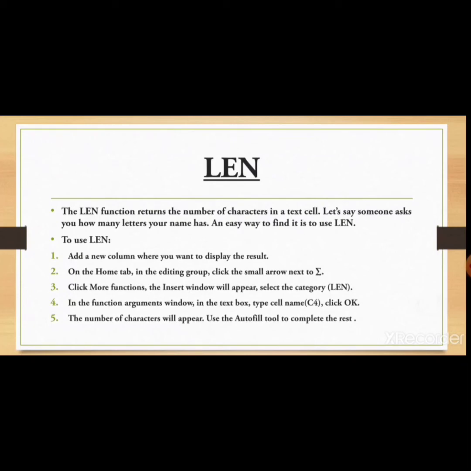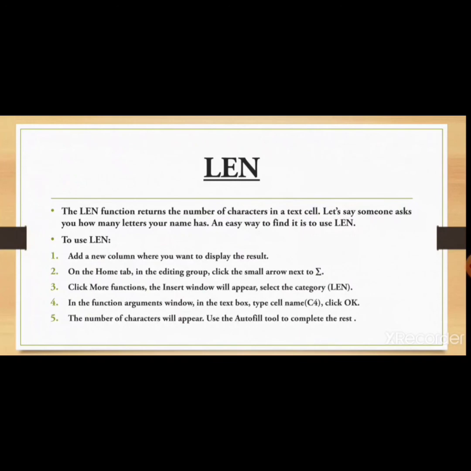Add a new column where you want to display the result. On the Home tab, in the Editing group, click the small arrow next to AutoSum. Step number 3. Click More Functions. The Insert window will appear. Select the category, that is len. Step number 4. In the function arguments window, in the text box, type any cell name like C4.